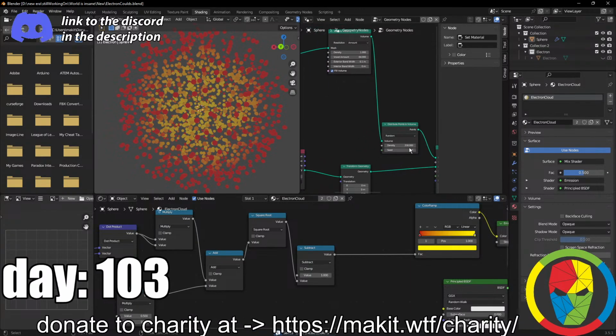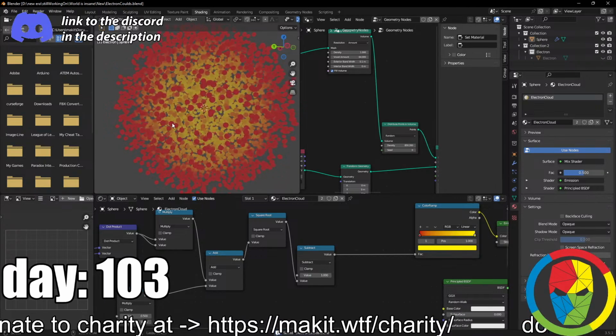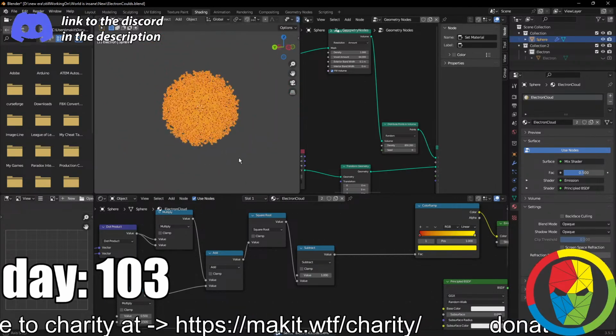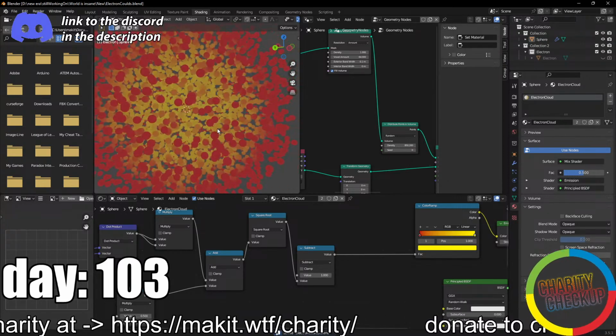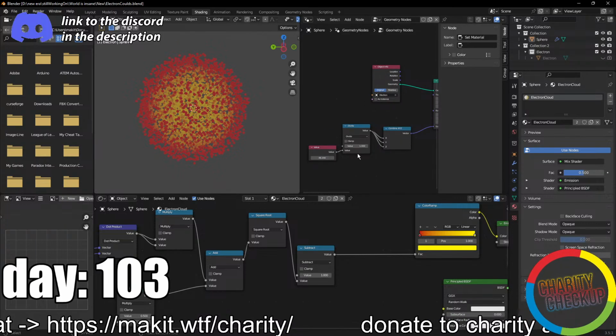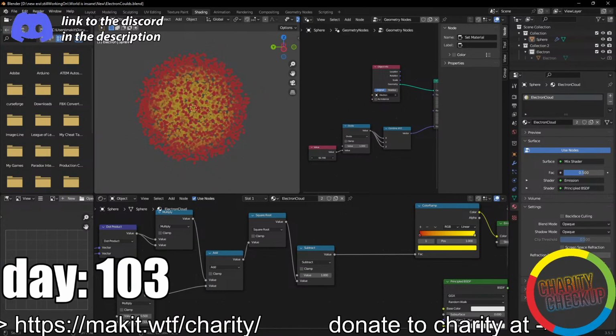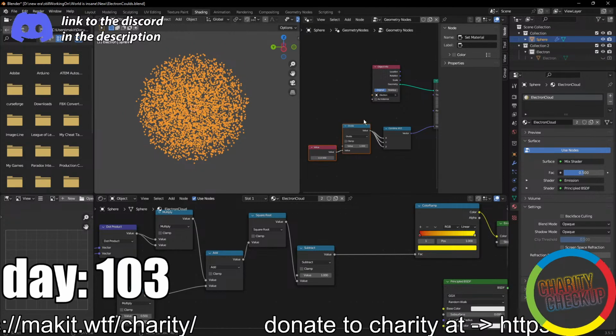Oh, sick. If we increase the density, there'll be more of them. Oh, that is great. Should be as small as possible. It should be as many of them.